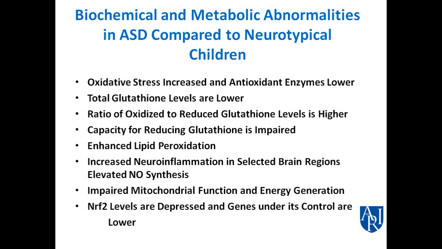NRF2, nuclear-related factor 2, is an important transcription factor that transcribes gene information, and it can be seen as one of the epigenetic regulators. And NRF2 levels are depressed, and the genes under its control have lower expression.